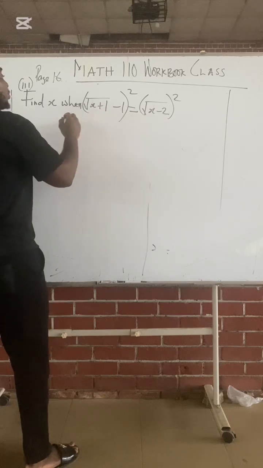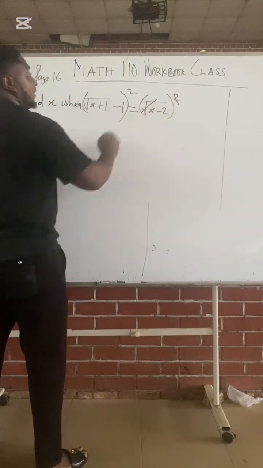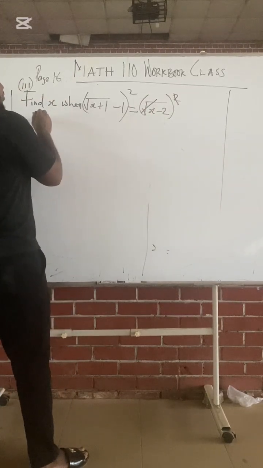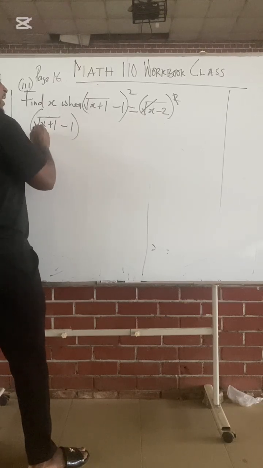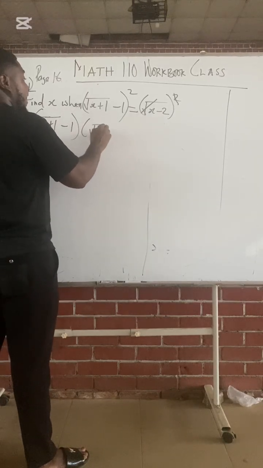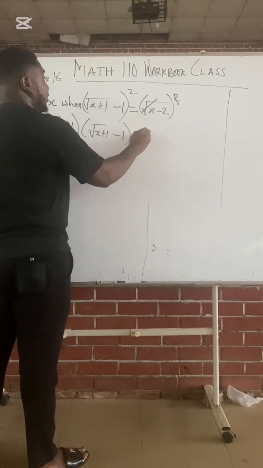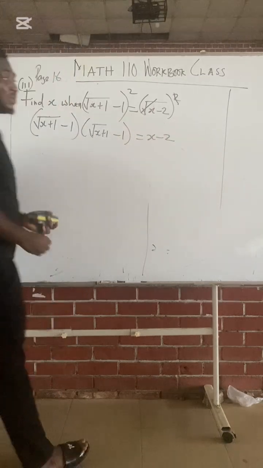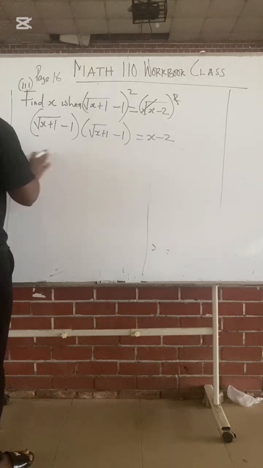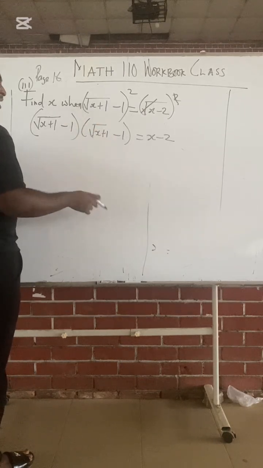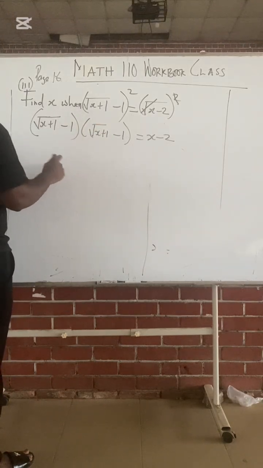This square will cancel this square root. Squaring this side, I'm going to have root (x plus 1) minus 1 in two places, equals x minus 2. Anytime you want to kill a square root, put a square. Square and square root cancel each other out.